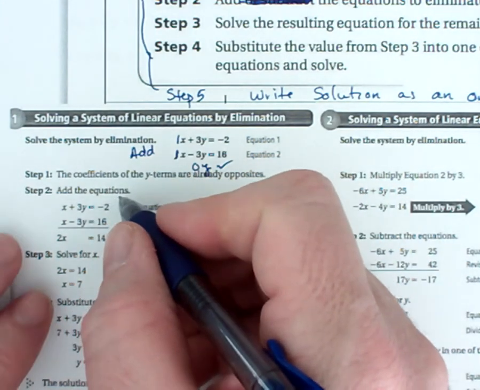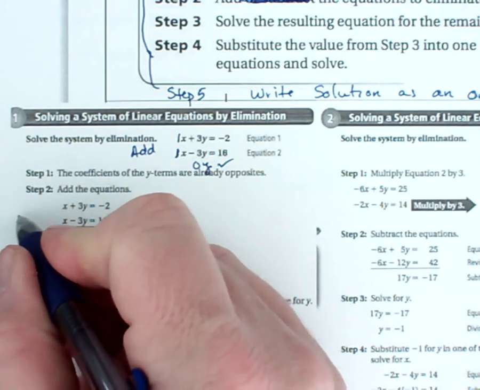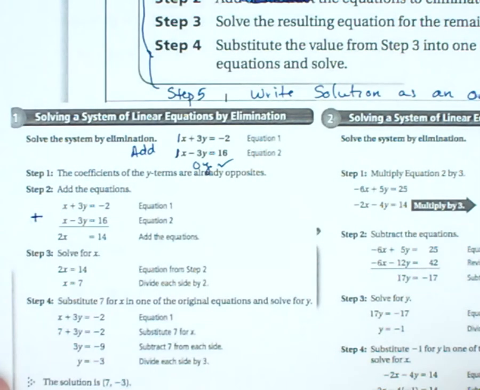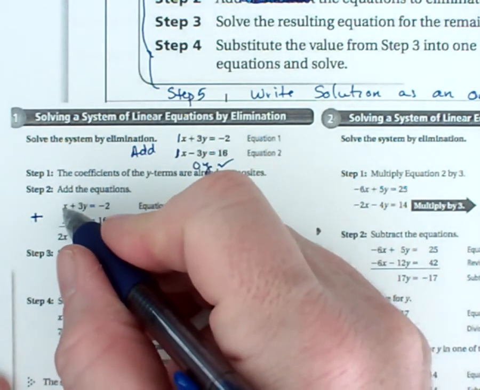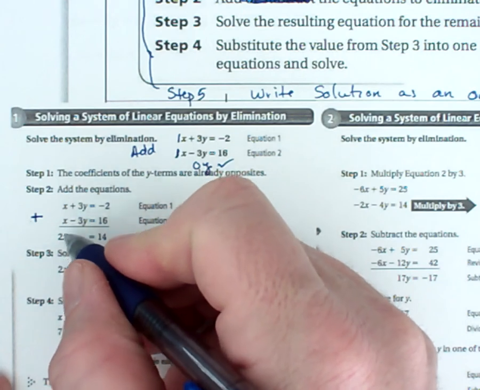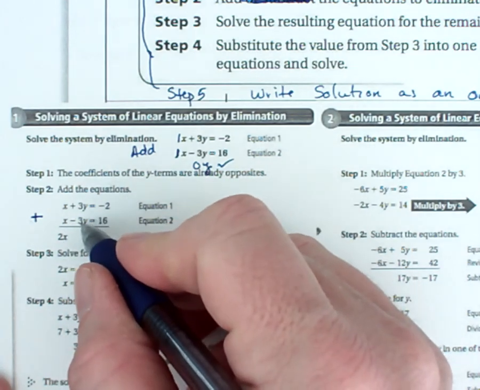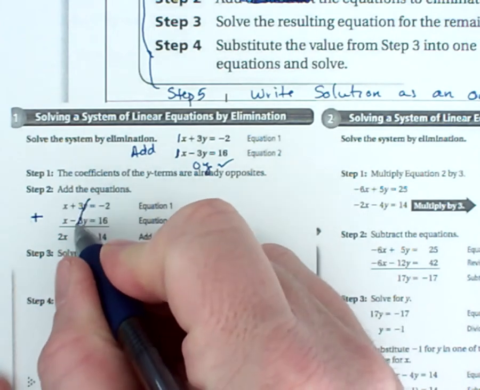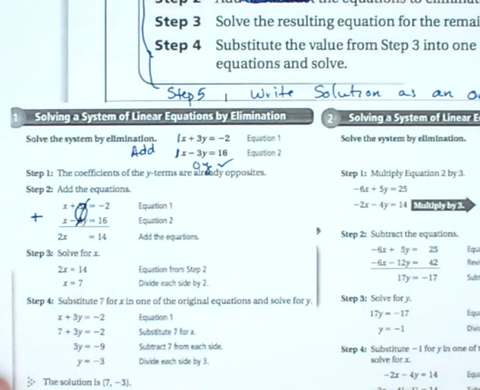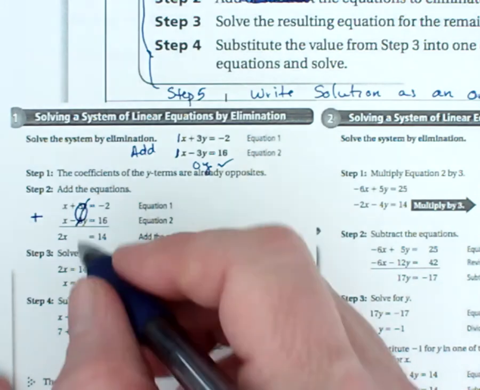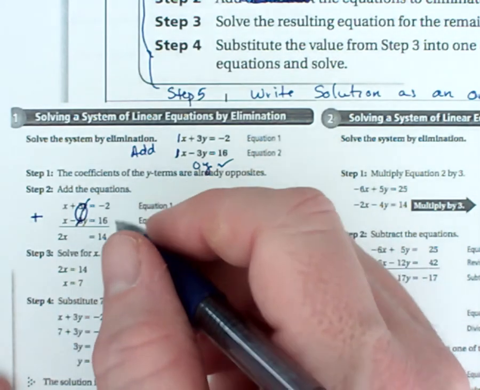Let's see what happens when I do add the equations together. I'm going to write a little plus sign right there because I'm adding them. X plus x is 2x. 3y plus negative 3y is 0y, so that's the reason it just goes away. You've eliminated y. You only have x. Now you're solving a really simple problem.